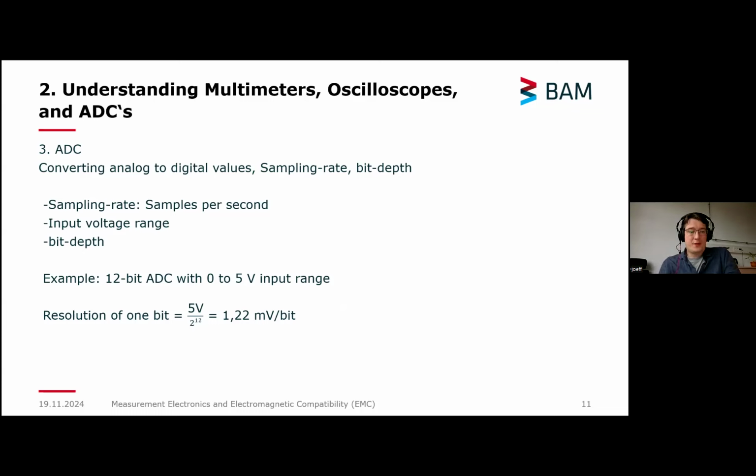For example, a 12-bit analog digital converter with an input range from 0 to 5 volts would have a resolution of 5 volts divided by 2 to the power of 12. That would be 1.22 millivolts per bit. And that's the maximum resolution you would get out of those analog digital converters.